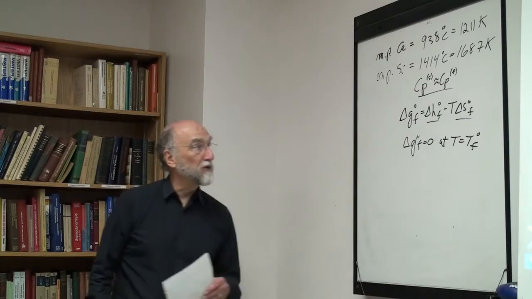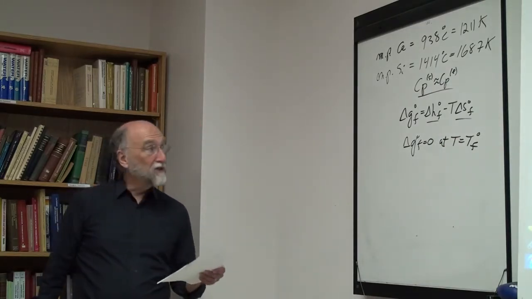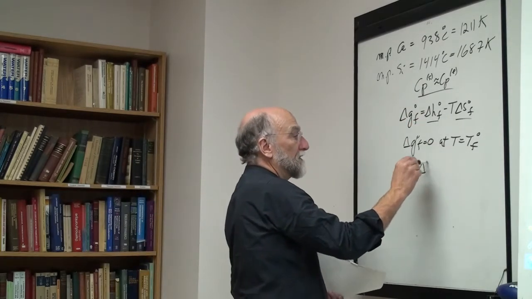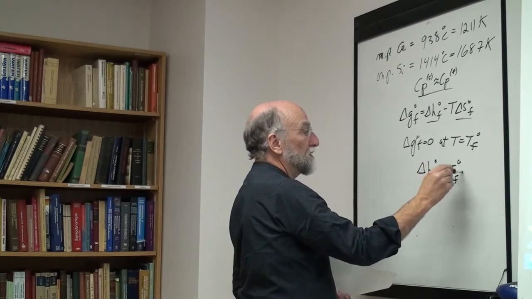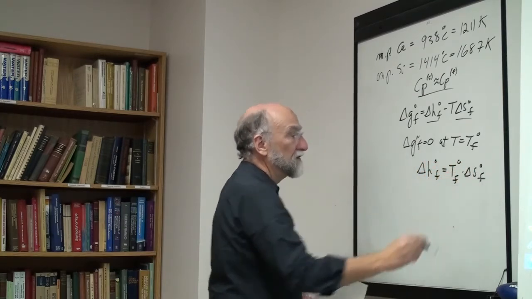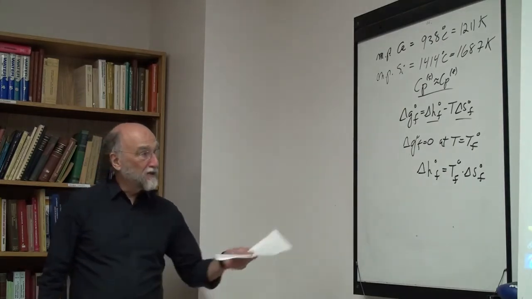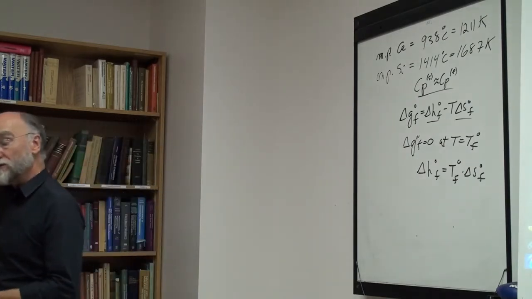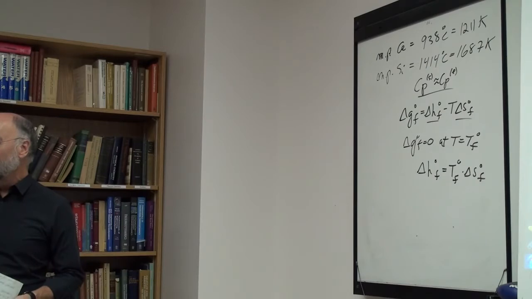When the temperature is equal to the melting point, the Gibbs energy is equal to zero. So from that I get that the heat of fusion equals the temperature of fusion times the entropy of fusion. That strictly only applies at the melting point, but if the CP liquid is equal to CP solid, then that applies everywhere because the heat and entropy are temperature independent.